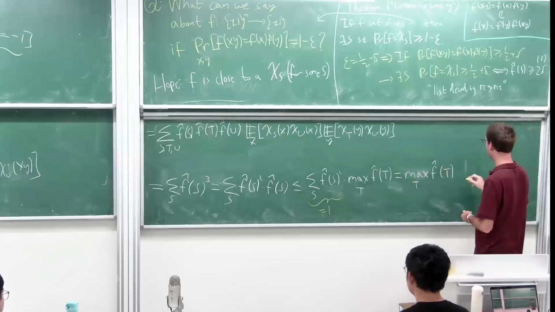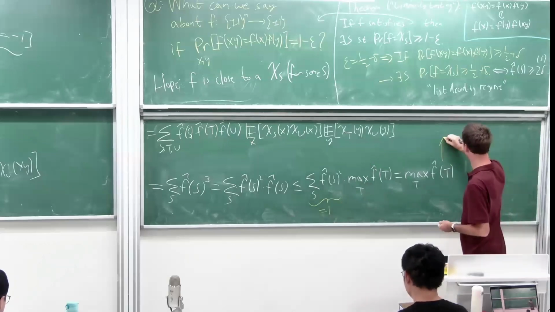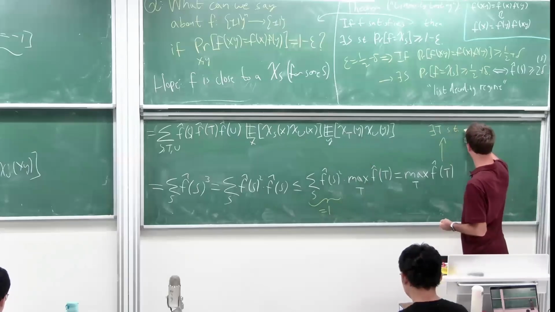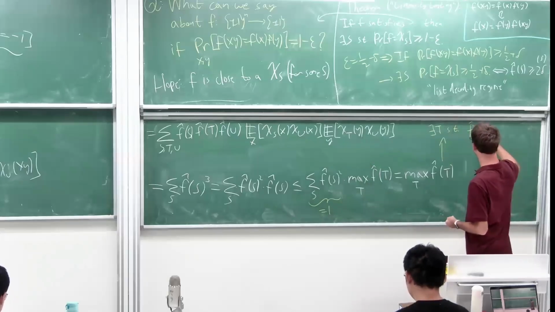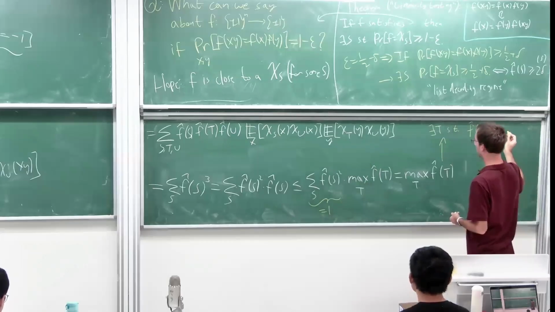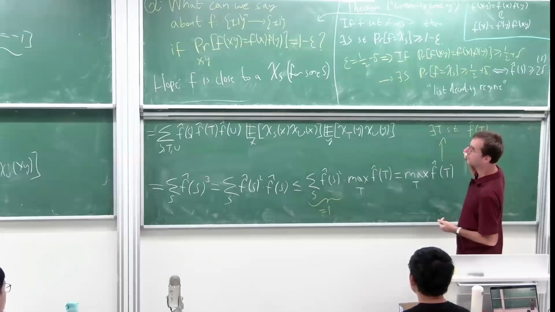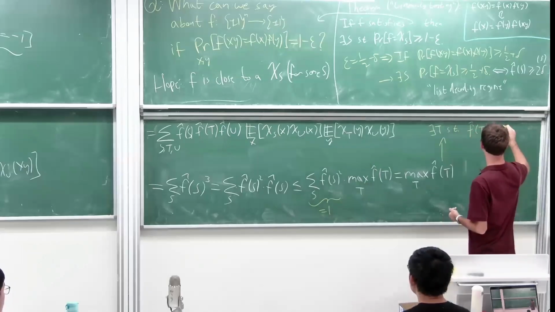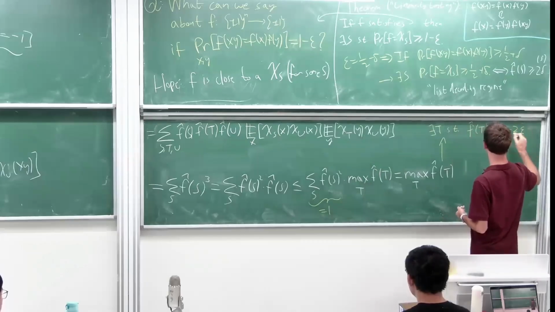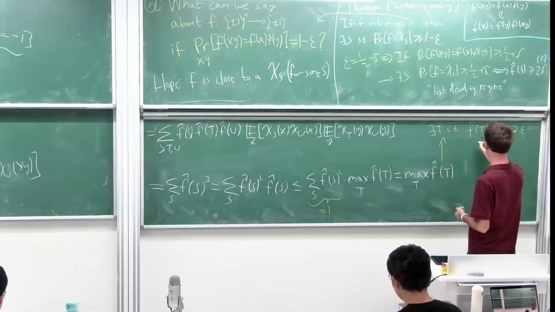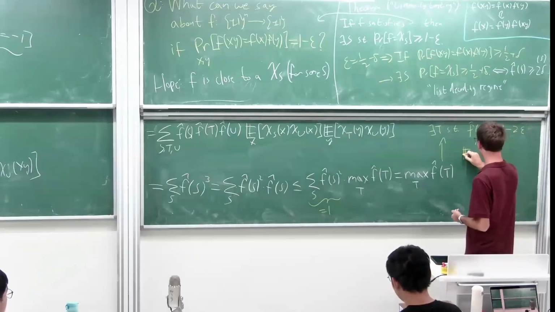And we conclude that there exists t such that f hat of t is at least 1 minus 2 epsilon. But this is the inner product, the expectation of f times t.